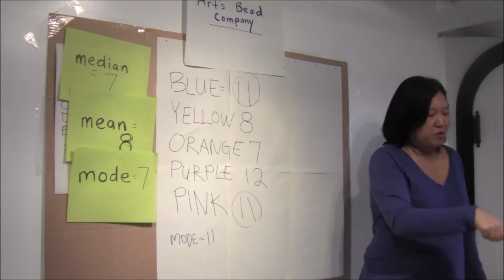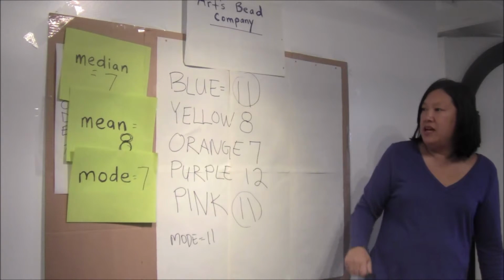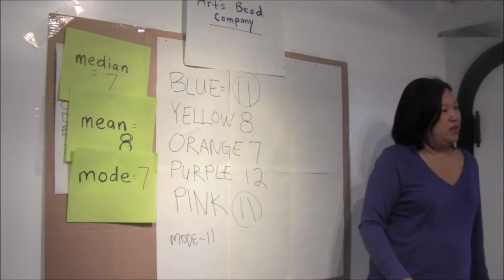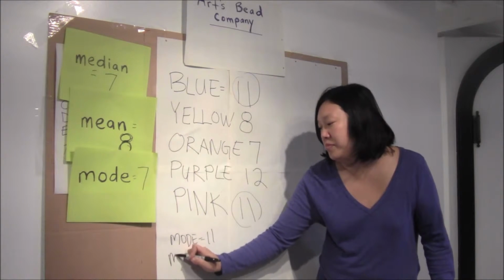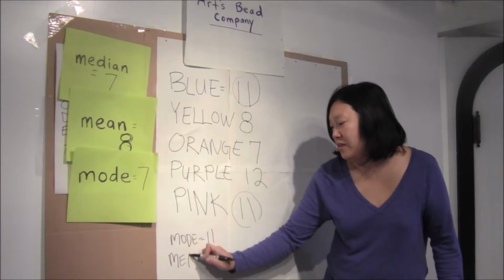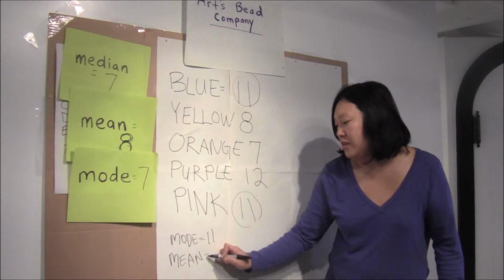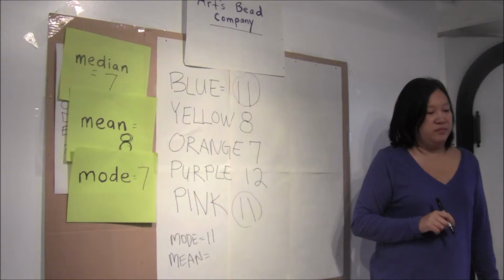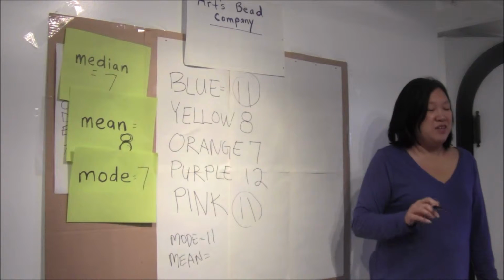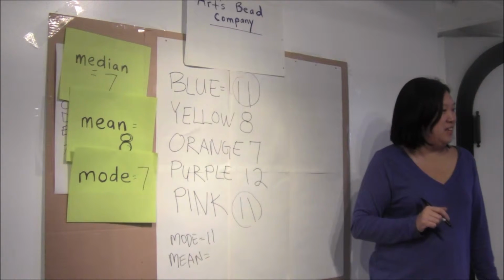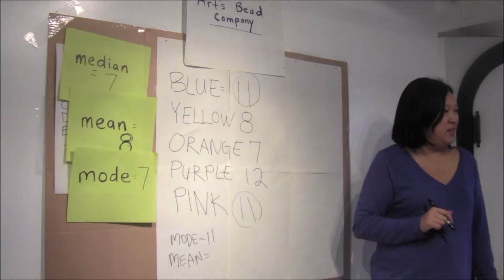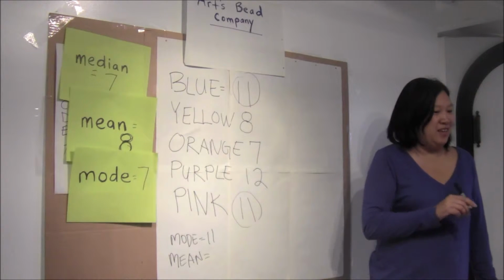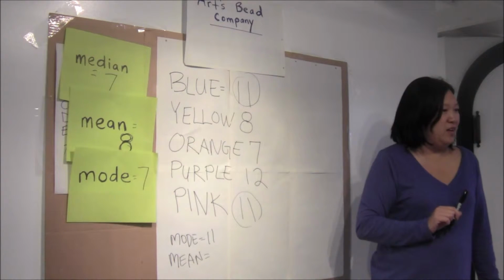Okay. How about you both get your calculators and let's calculate the mean. 11, 8. And you can double check and make sure you have your math. Asia, what did you get?